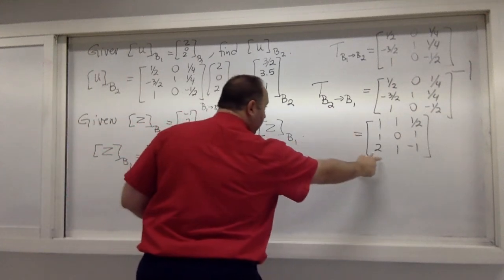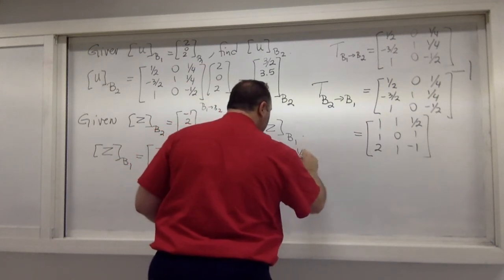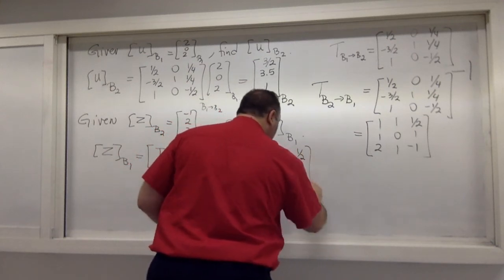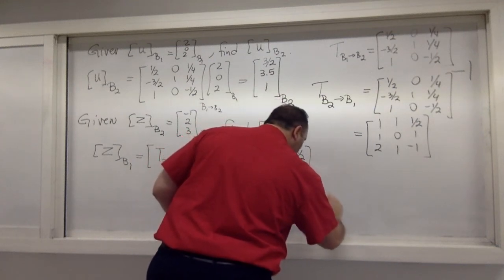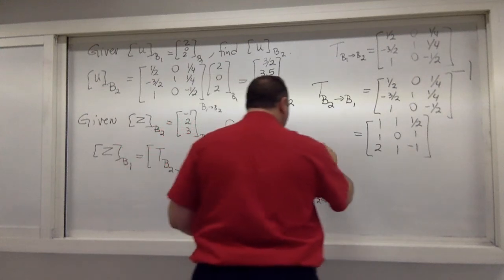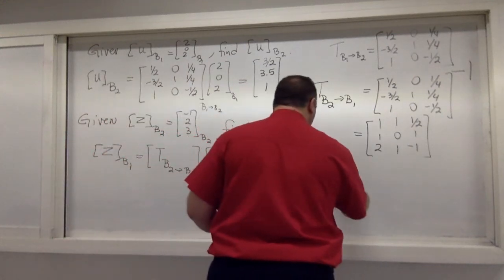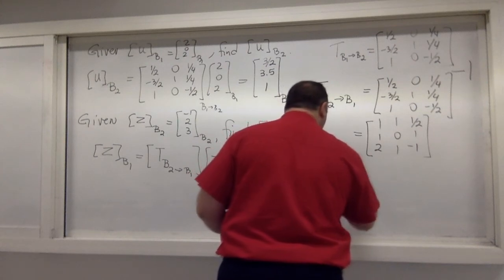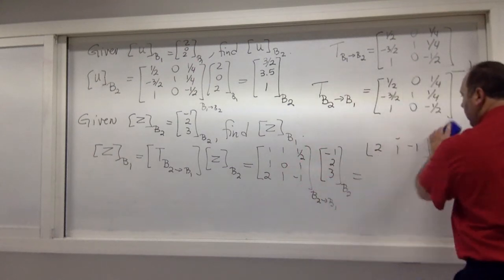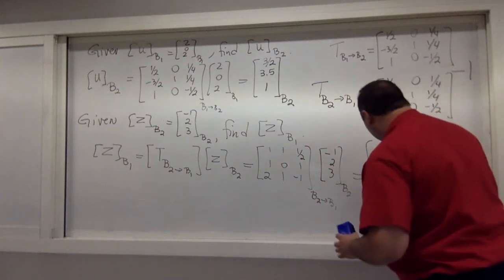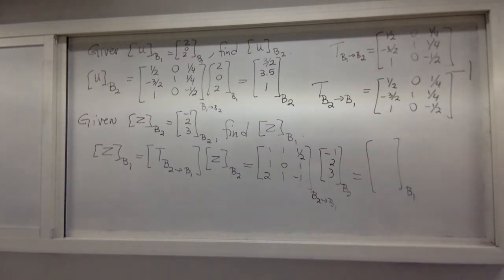This is the transition matrix, 1, 2, 1, and 1, times, so this is going from B2 to B1. And I'm taking my coordinates of Z in B2, which are given here: -1, 2, 3. And do all the complicated computations to get the result, which are the coordinates in basis B1.